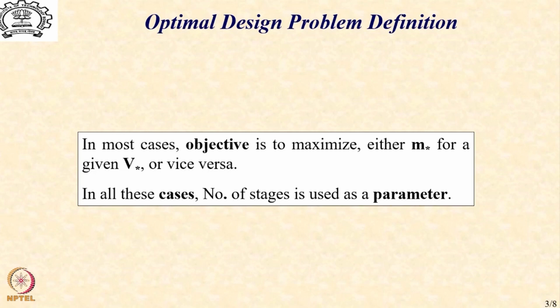So what it means is that we only have to do this exercise 3 or 4 times for different values of n between 2 to 5, and we will have mapped the complete design space from which we can choose the configuration that is best suited.